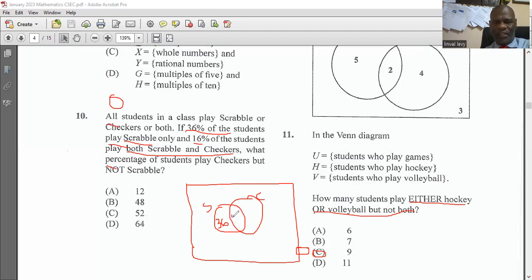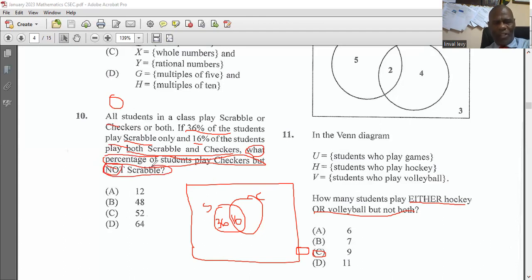So 16% play both. All right? So the question now says, I'm going to circle it. What percent played checkers but not Scrabble?